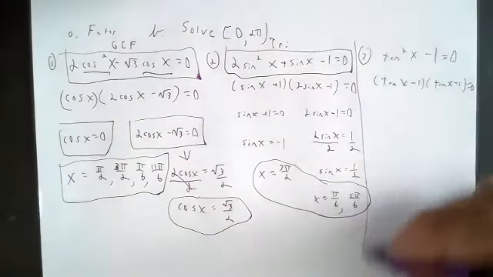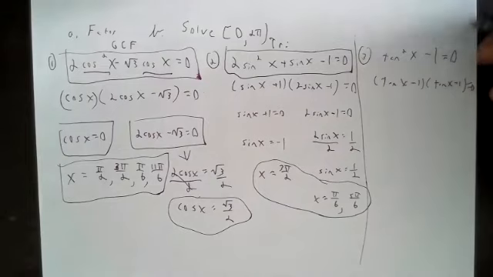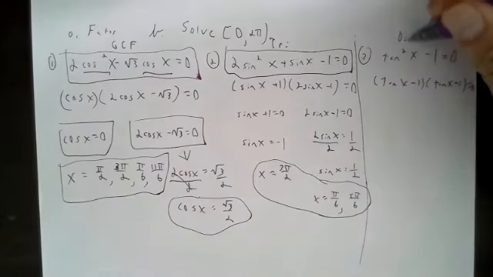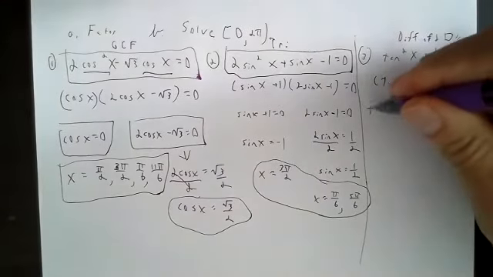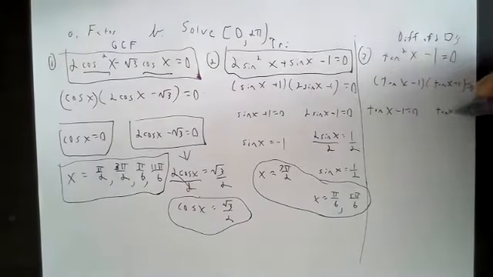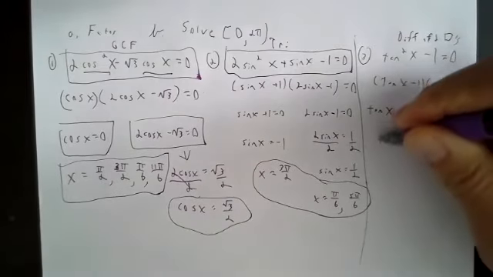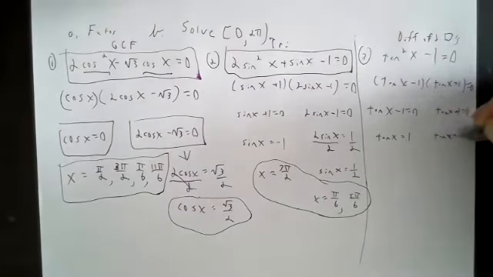And then the last one for number 3, same thing. We factored it using difference of 2 squares. Got 2 groups, so we have tan x minus 1 equals 0, and tan x plus 1 equals 0. So we're going to end up with tan x equals positive 1, and tan x equals negative 1.